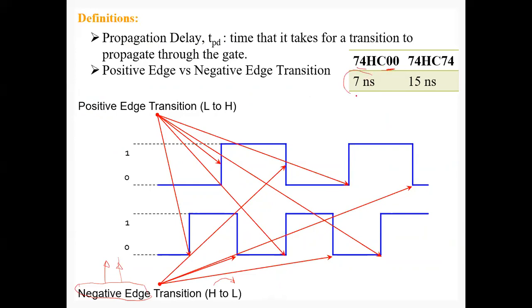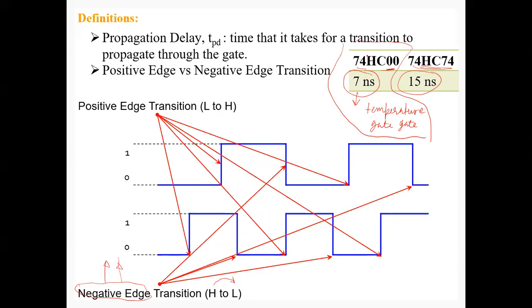This has a propagation delay of 7 nanoseconds, and this device has a propagation delay of 15 nanoseconds. Even though we call it 7, the propagation delay depends on temperature and also gate to gate. I'm talking about just one particular category of gate here.